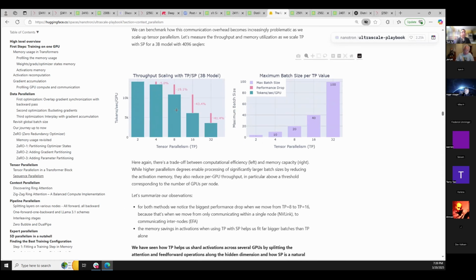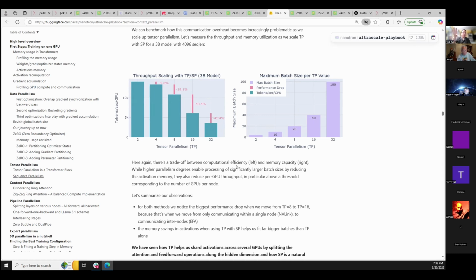Yeah, so here's our throughput with the two of them combined. And once again, we see going from 8 to 16 is where there's the biggest drop. I think these numbers changed a little bit, but the main thing is that there's this massive 40% drop from 8 to 16, not cumulative, but an additional 40% inefficiency when you go from 8 to 16.